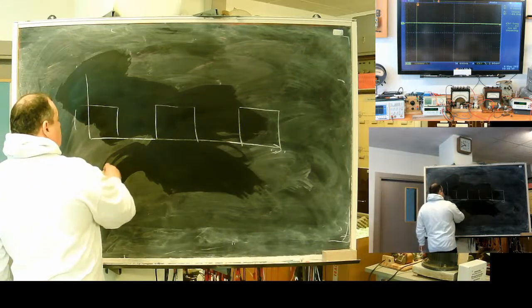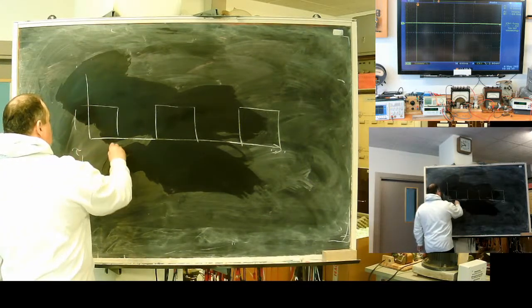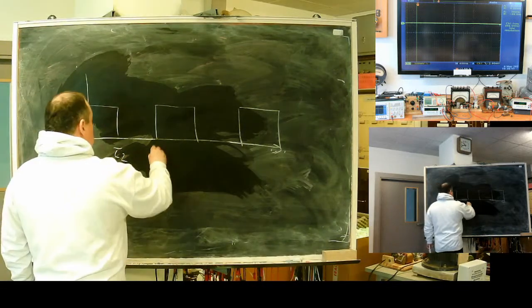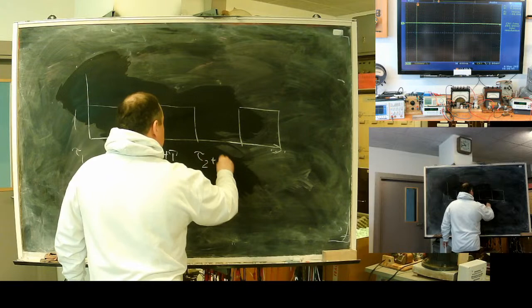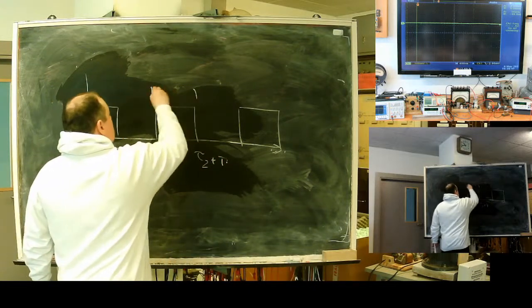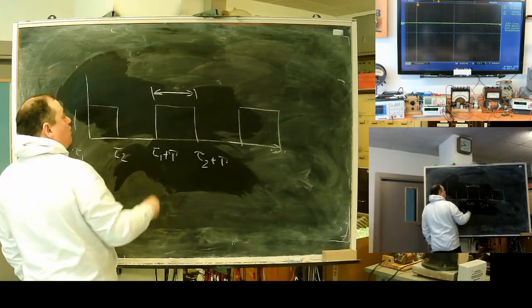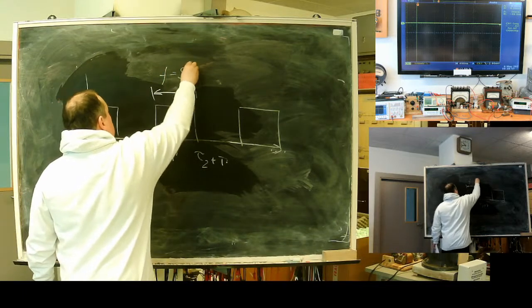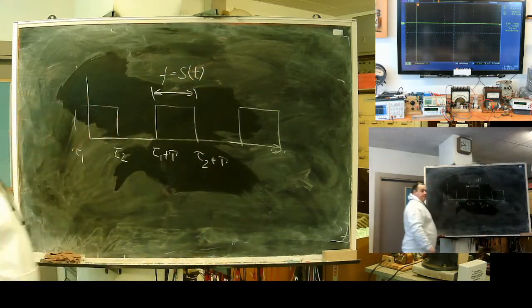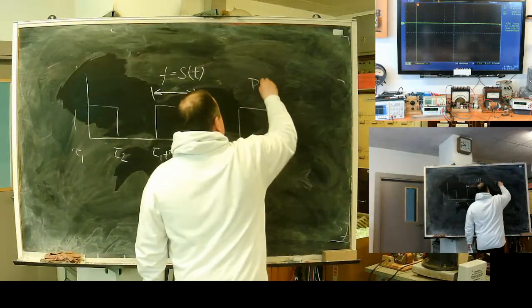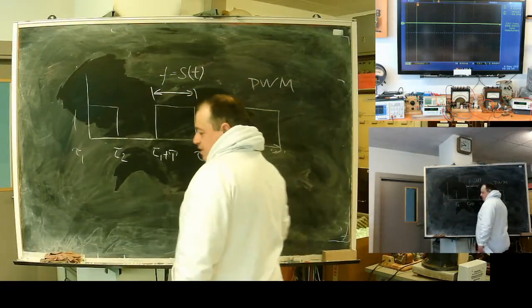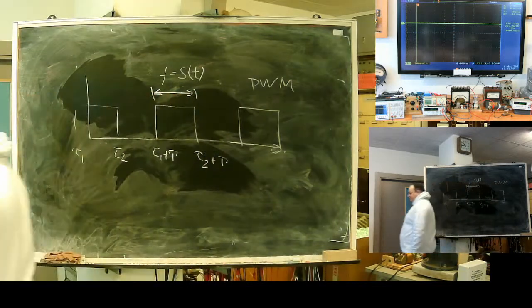Another version is when we have, let's say, tau 1, tau 2, tau 1 plus period, tau 2 plus period, when the length of the pulse is a function of the signal. Such a version is called PWM, pulse width modulation.